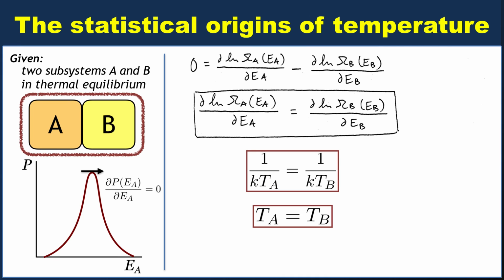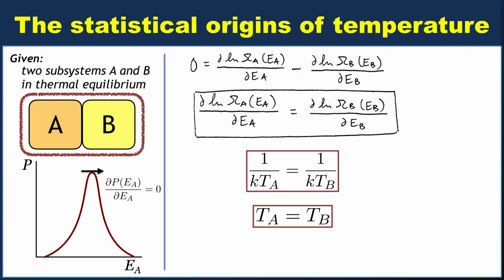Let me just walk through the logic once more. We constructed two subsystems, put a circle around them so that it was one large system containing both. We wanted to maximize the probability that if we measured subsystem A, we would find an energy E sub A. That's what we did by taking the derivative and setting it to 0. We had constrained the energy of subsystem B by noting that conservation of energy meant that their sum was fixed.